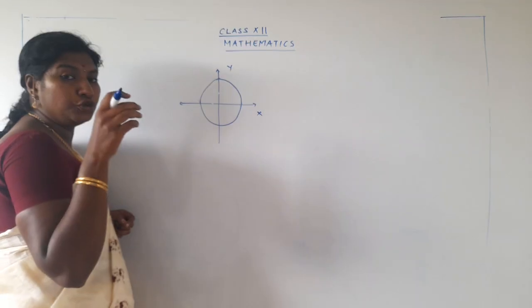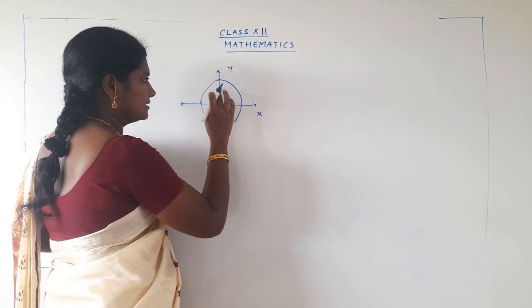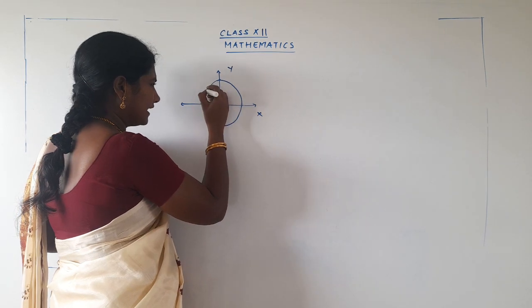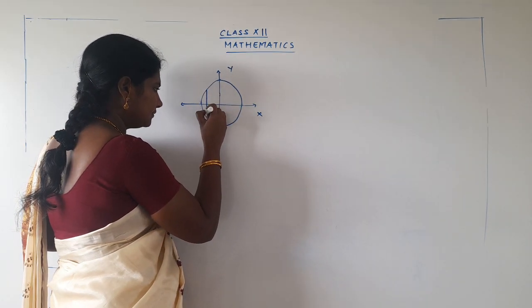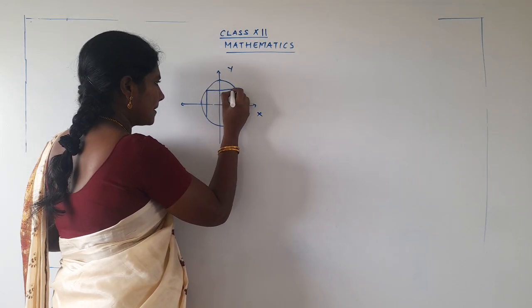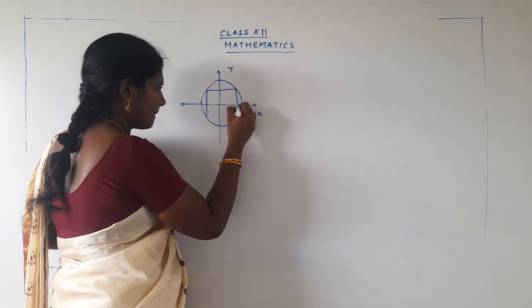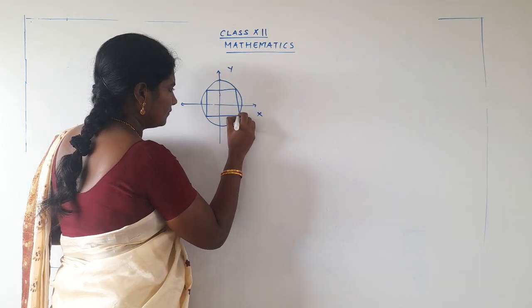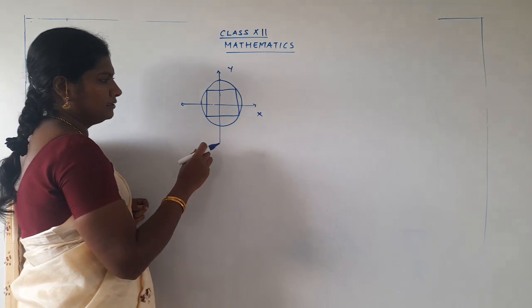After drawing a circle, you have to inscribe a rectangle inside the circle. So draw a rectangle inside the circle.